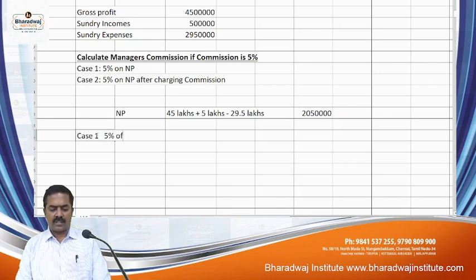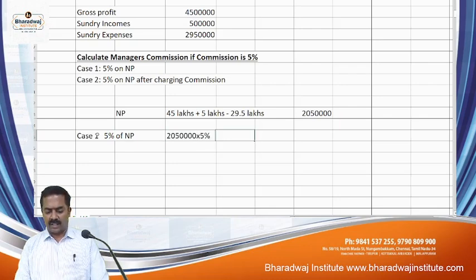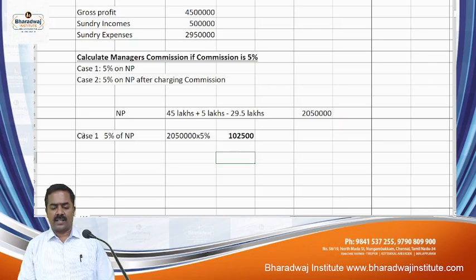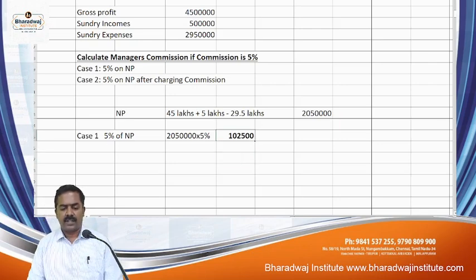5% of net profit, which means 20 lakh 50,000 into 5%. This much: 1,02,500 is the answer for case 1. Take it up. You need not wait. Directly take it up.